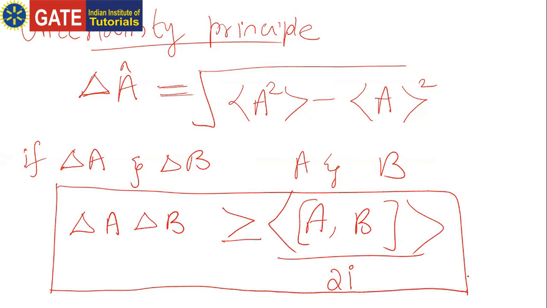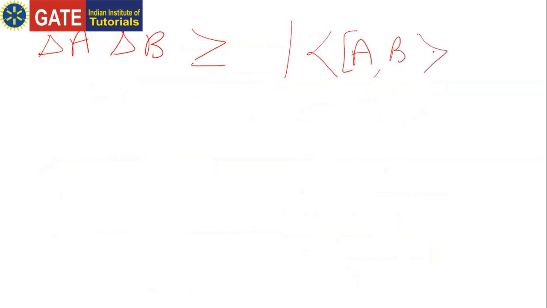Or we can write delta A into delta B greater than or equal to the magnitude of the expectation of the commutator [A, B]. If we consider magnitude, no need to consider i in the denominator. Magnitude of i is 1.